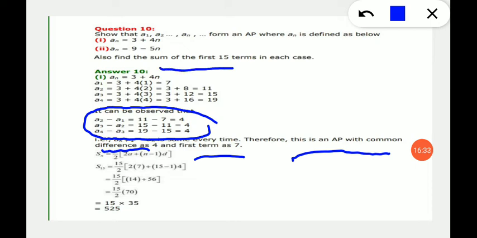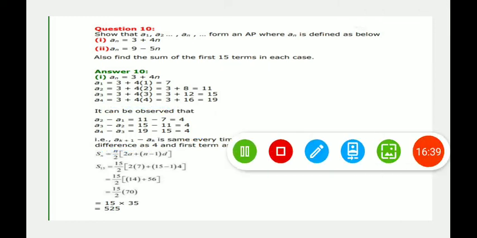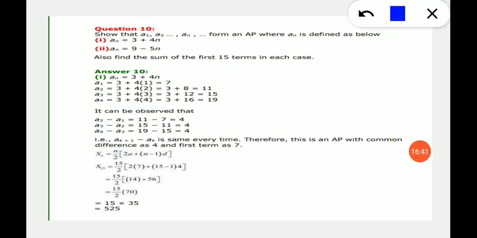Now we have to find sum of 15 terms. So sum of 15 terms, we will apply which formula? Yes, Sn is equal to n by 2 into 2a plus n minus 1 d. We'll substitute all the things.